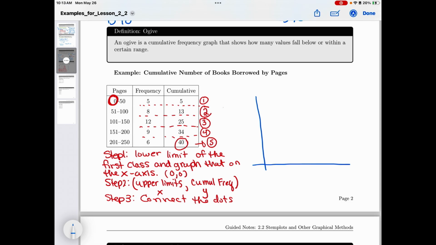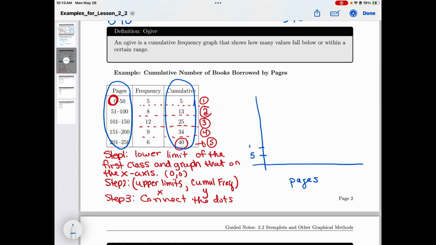Now, you want to make sure that you label it just like any other graph. Our x-axis, that's going to be the number of pages. And our y-axis, what we're graphing, is our cumulative frequency. My lowest value is 5 and my highest value is 40. So I want to make sure that my y-axis contains those values without going way too far past it.